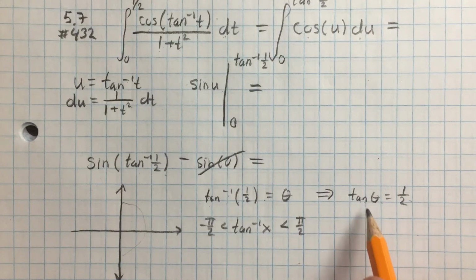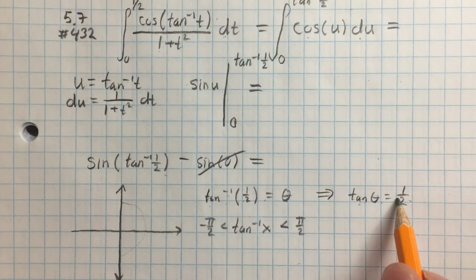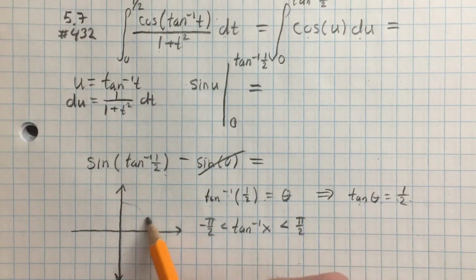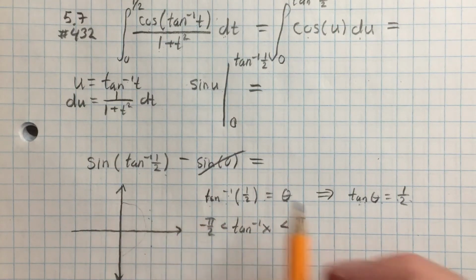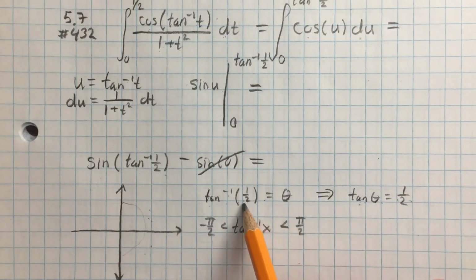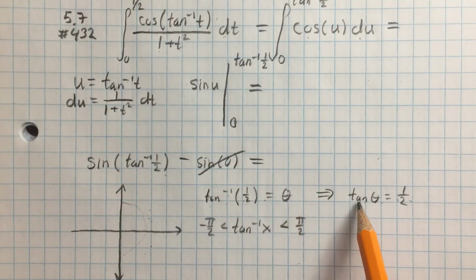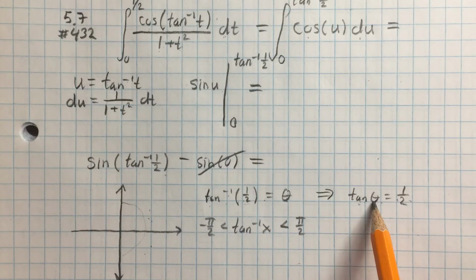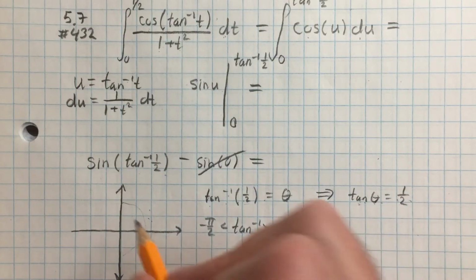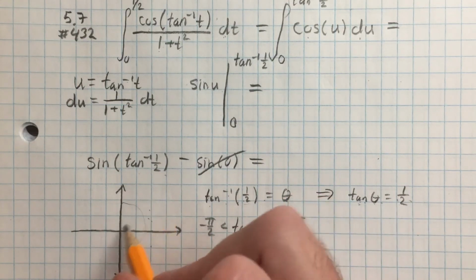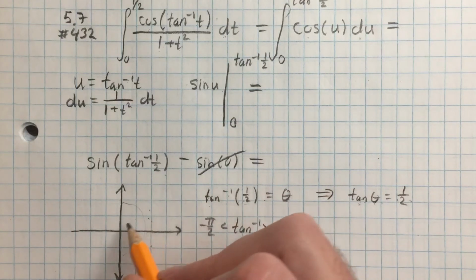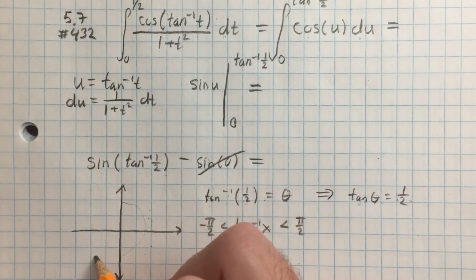So since tan is producing a positive 1/2 value, we must be in the first quadrant, not the fourth. Again, the first and fourth were the only two possibilities because of the natural range of tan inverse. And we're choosing the first quadrant to draw our picture because this was a positive 1/2. That means tan of this angle that we don't know is going to be a positive 1/2 value, and you only get positive values for tan in the first and third quadrants.